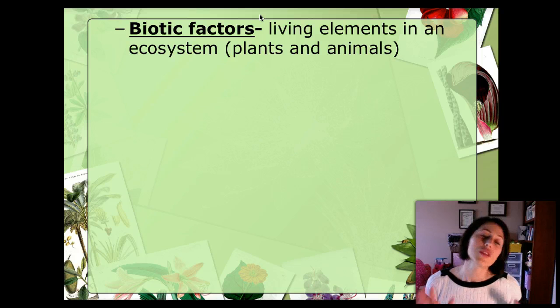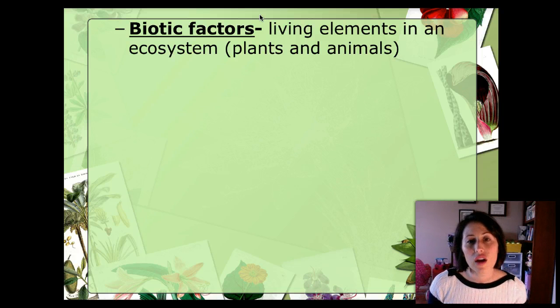All right, so now that we know what ecosystems and communities and populations are, let's talk about the living and the non-living elements. Remember from the very beginning of the school year, we said that bio meant living. Okay, so biotic factors are the living elements in the ecosystem. So we're looking at the plants and the animals and the bacteria, all that live within that given area, okay?